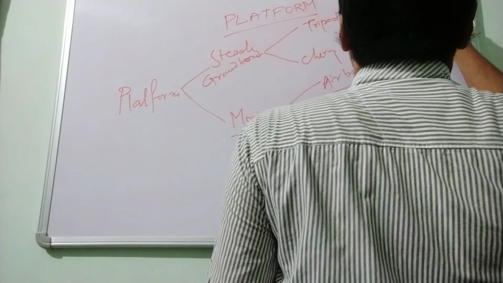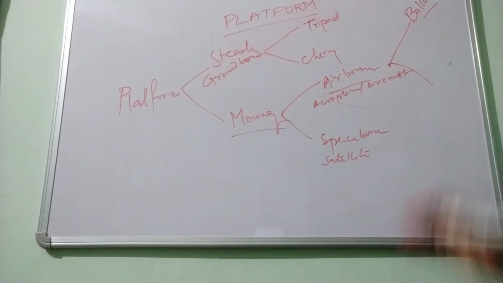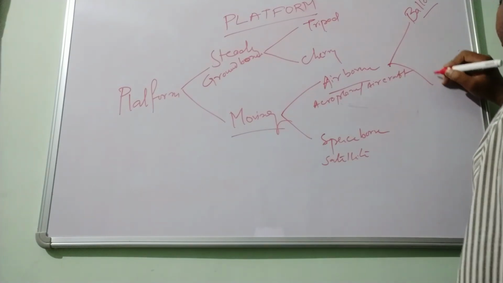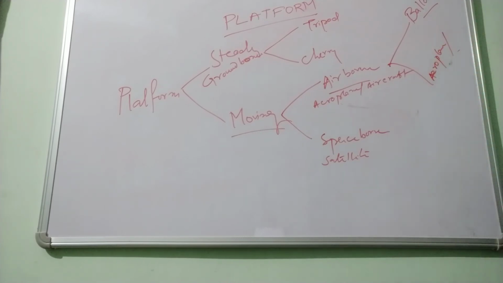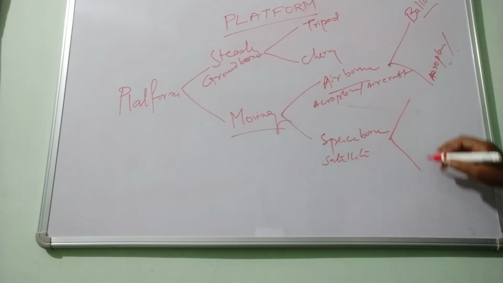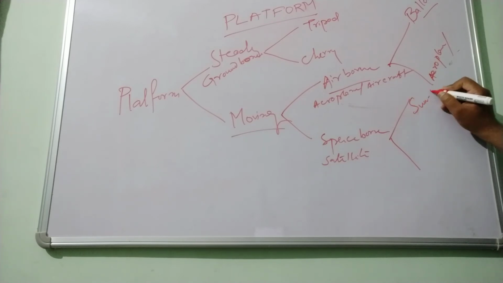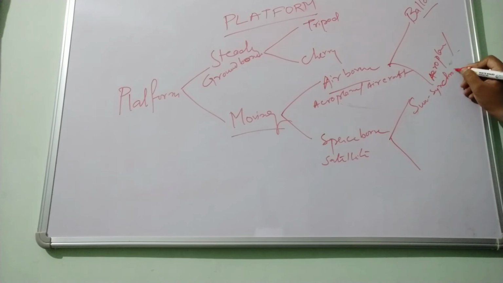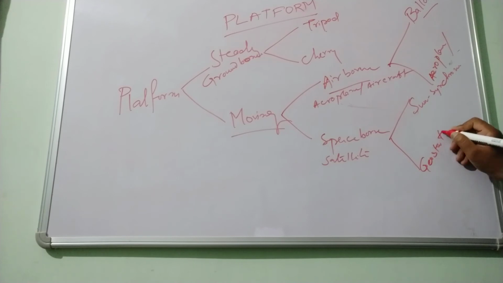In the airborne, earlier we used the balloon to collect information, so the balloon is one type of platform for gathering information. And recently we are using the aeroplane or aircraft. Whereas in the spaceborne, there are two types of classification: one is known as sun-synchronous and another is the geostationary. I will come to the details about these platforms later.